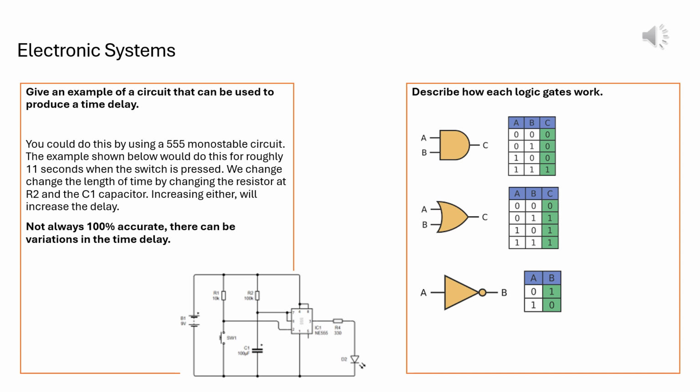With an OR gate, only one needs to be on. So it could be a 1 or a 0, or 0 or 1, or both could be 1. So you can see that in this table here. With a NOT gate, which is the third one, it is inverting the signal. So whatever goes in, the opposite will come out. So if I put a 0 in, a 1 will come out.